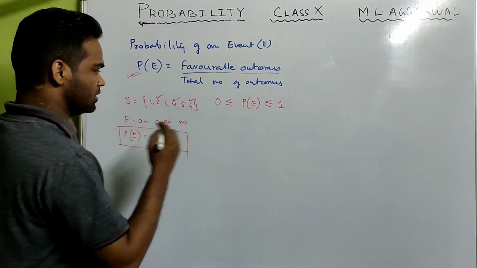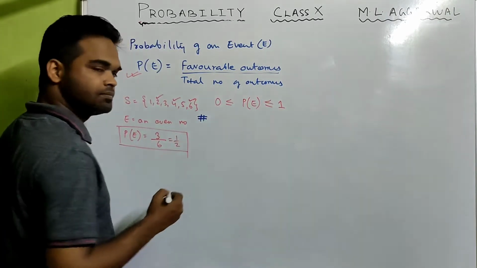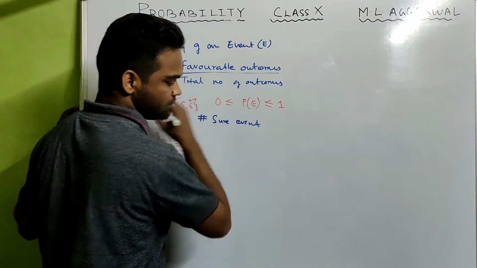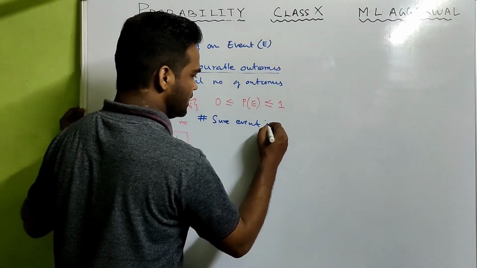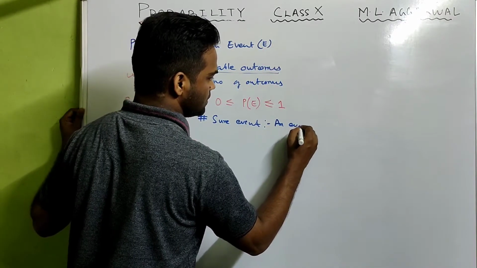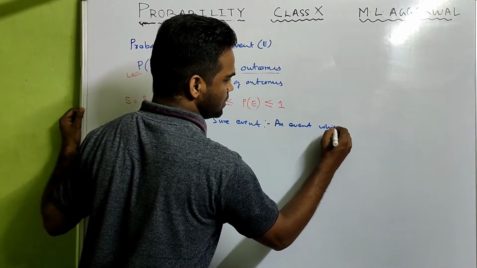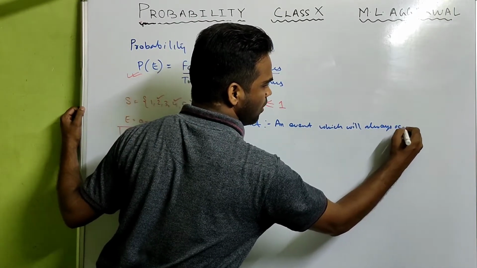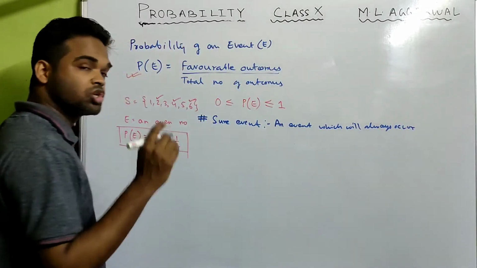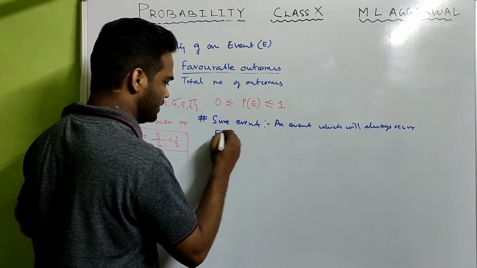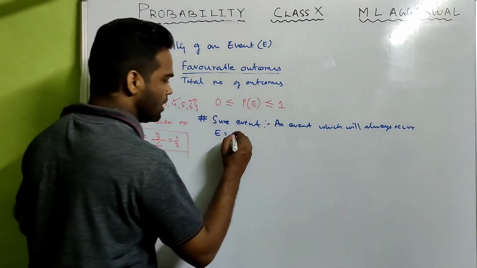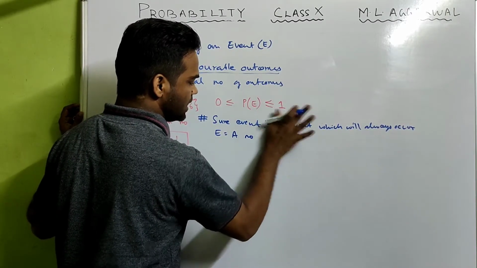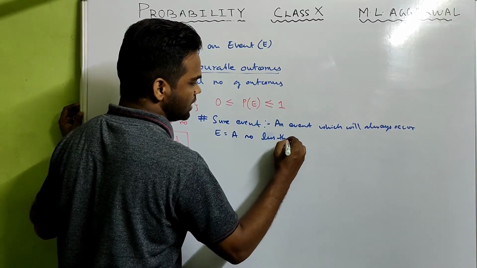Now, a few more terms. Sure event: an event which will always occur is known as a sure event. For example, if I give you an event, when I throw a die, a number less than 7.